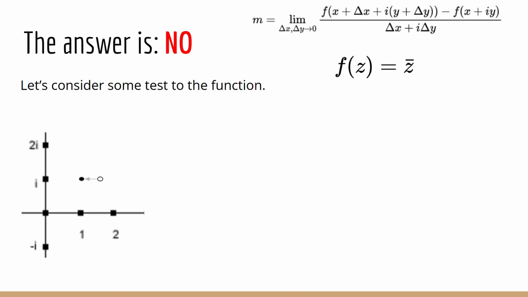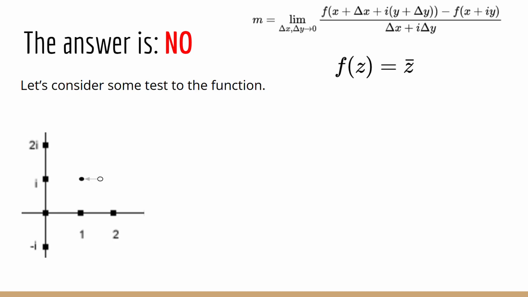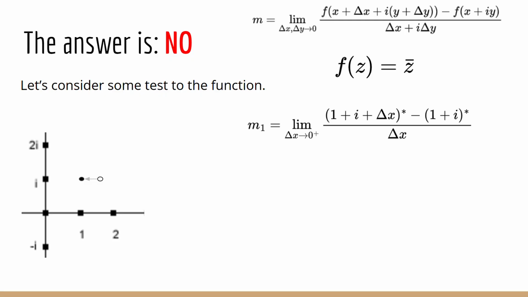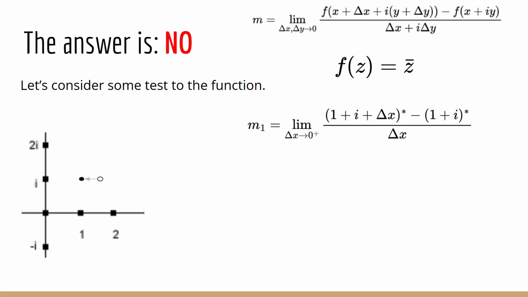So let's consider approaching our point of interest, because our question is whether the function is differentiable at z equals 1 plus i or not. So our x is 1, y is also 1. We're considering the point 1 plus i. As we approach our point from the positive real axis, this is an example of delta x greater than 0 and delta y equals 0, because the imaginary part doesn't change. We evaluate our gradient, so it's basically a substitution.